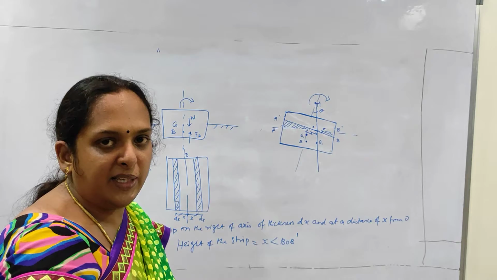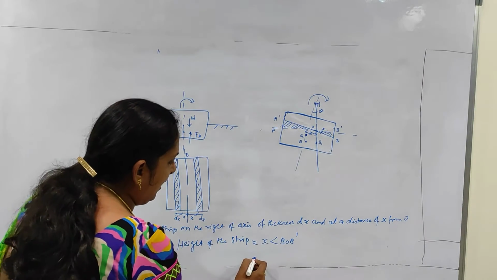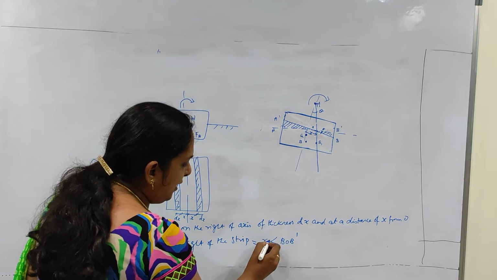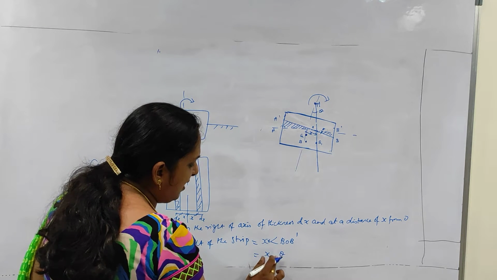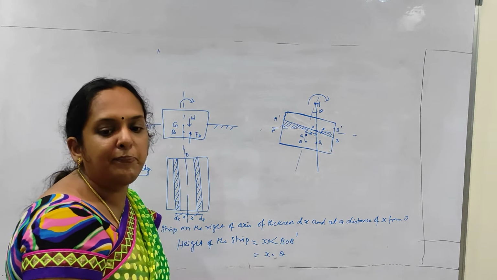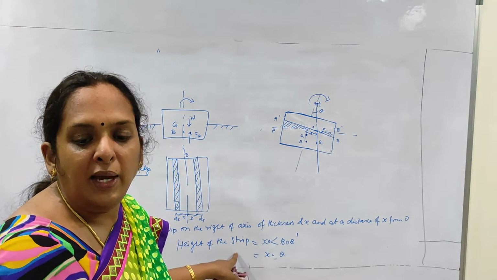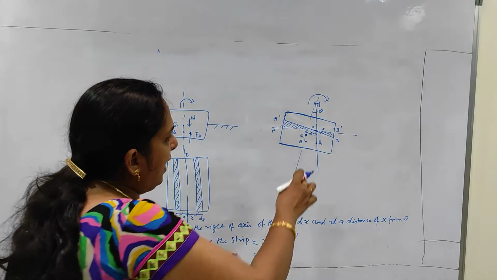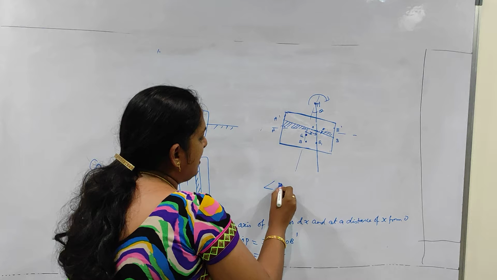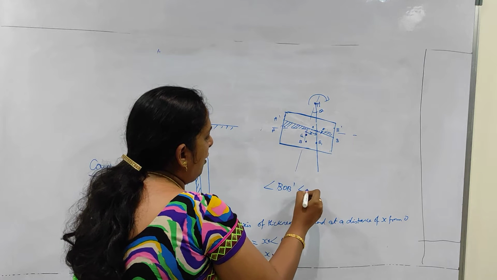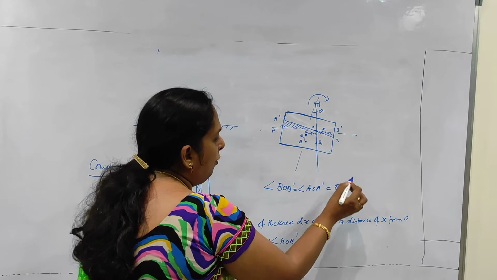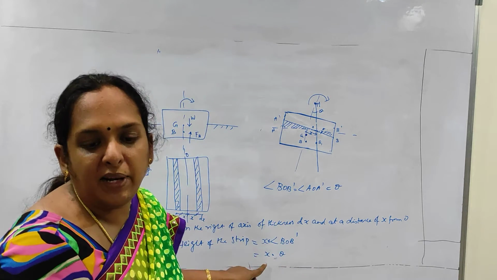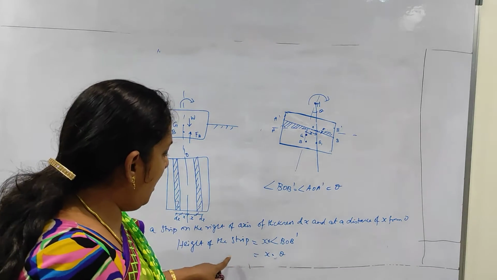Assuming that theta is very small, this is x into theta. This is the height of the strip, where the angle BO-B1 as well as the angle AO-A1, or AO-A dash, will be the same, equal to theta. Now this is the height of the strip.